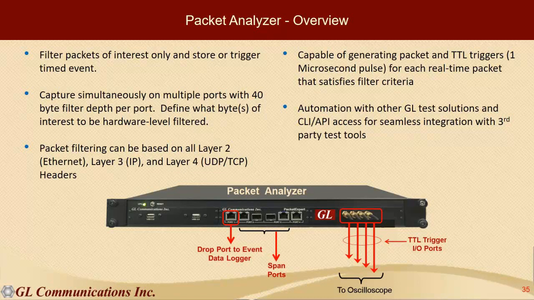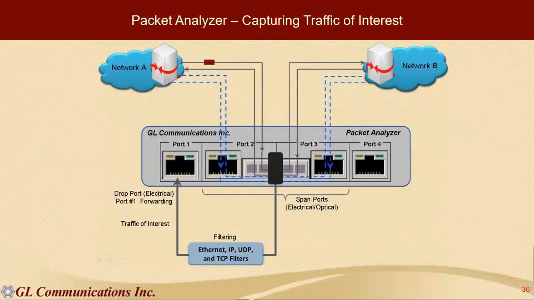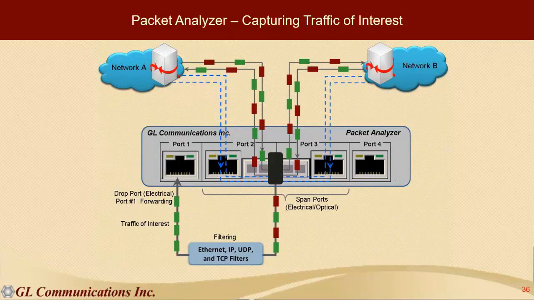What I'll show you here is how that packet analyzer works from the filter perspective. It's a very simple demo with some automation, but it shows that as packets flow through the device, we use port 2 and port 3 as what we call our span ports. So as network A is pushing packets over to network B, we're running it through our device.